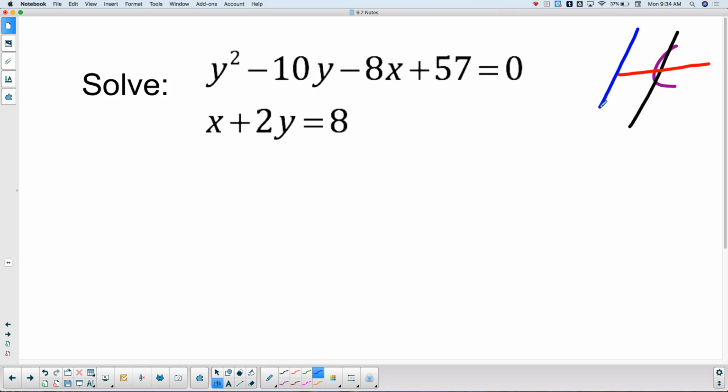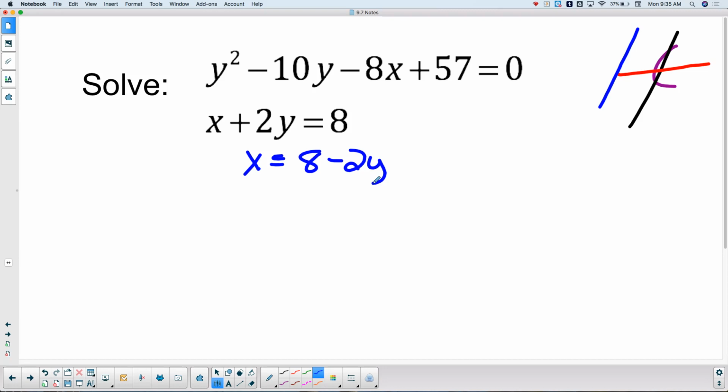First equation for x, first equation for y, second equation for x, second equation for y. Second for x. Okay? So if I solve the second equation for x, I get x equals 8 minus 2y. Agree? Subtract 2y from both sides.